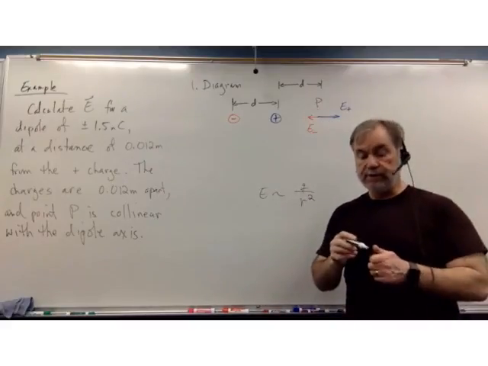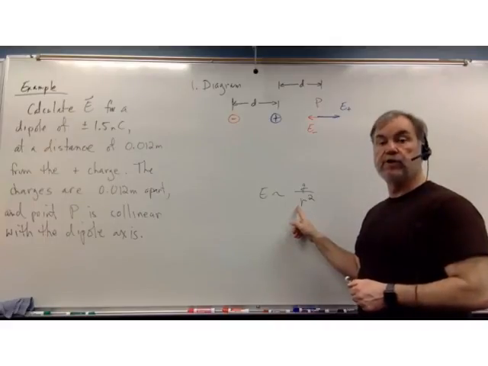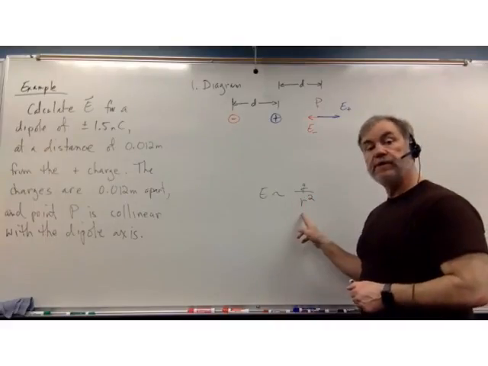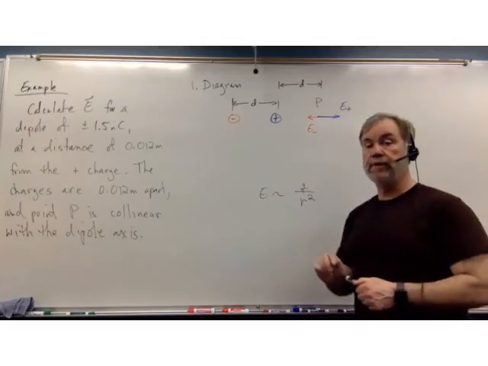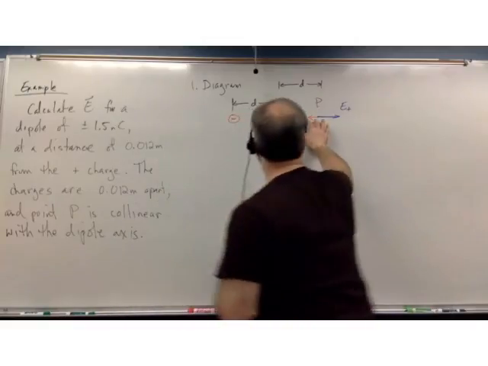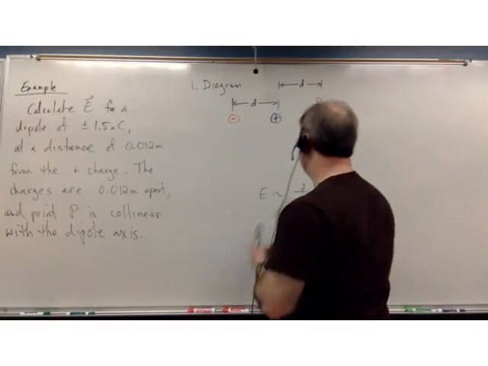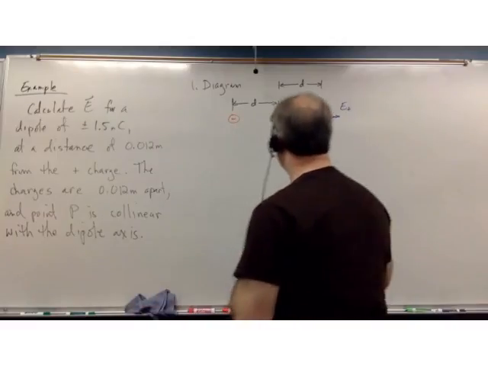So if you double the distance between your source charge and your point P, you decrease the electric field by a factor of 4, 2 squared, right? So this red arrow should be just 1/4 the length of my blue arrow. And that wasn't too bad. I'm close enough that I won't worry about it.